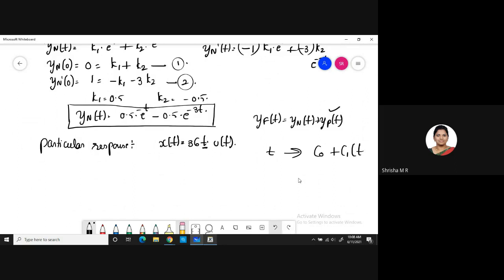So you will get C naught as well as C1 here. You have to find C naught as well as C1.